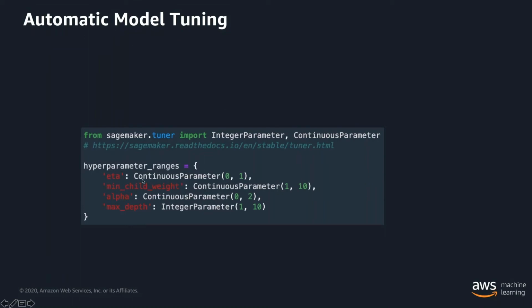You can pass to SageMaker some ranges for hyperparameters. This is an example of 4 parameters for XGBoost. And SageMaker will explore the hyperparameter space in this range and try to find the best combination of hyperparameters. So that's a side note on automatic model tuning.